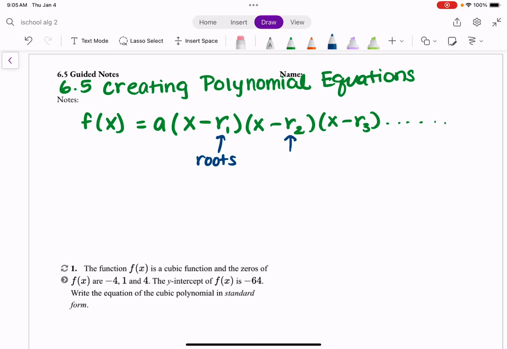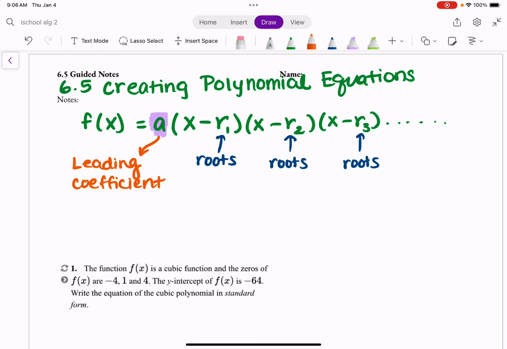So these right here are all different roots. And the a is your leading coefficient, okay? And just so y'all remember, f of x is the same thing as y, right? So this is our general form for factored form.